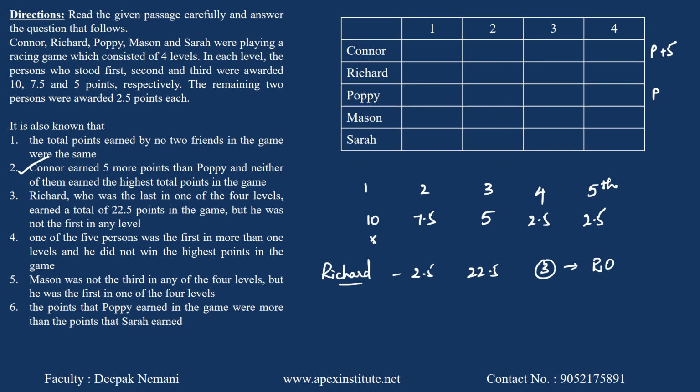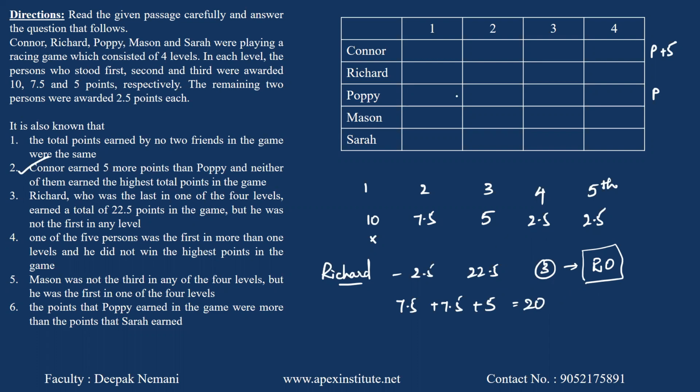So he cannot have scored 10 points in any of the remaining 3 rounds. How can we have 20 as a sum of 3 numbers, which can be repeated, from 7.5, 5, 2.5? 20 will be 7.5 plus 7.5 plus 5. This is the only possibility.